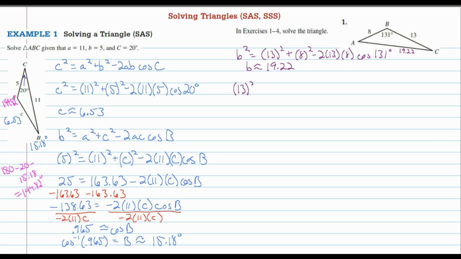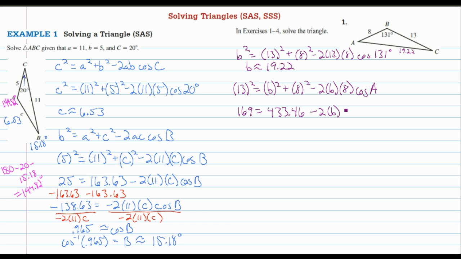So 13 squared equals b squared, which is stored in my calculator, plus c squared minus 2 times b times c, which is 8, times the cosine of angle A. Now 13 squared minus b squared minus 8 squared. Actually, let's just do 169. B squared plus 8 squared is about 433.46.